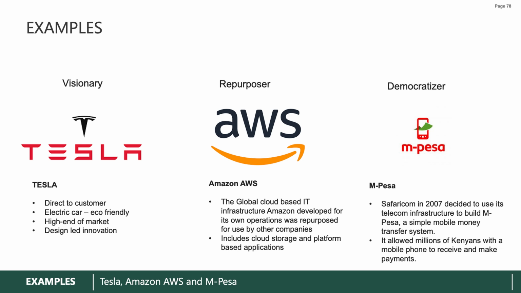Repurposer, Amazon, large global storage company, and M-Pesa. M-Pesa was unique in the way it actually used a mobile phone capability for people to transfer money who basically didn't have banks. So all of a sudden you had millions of Kenyans with a mobile phone able to receive and make payments.